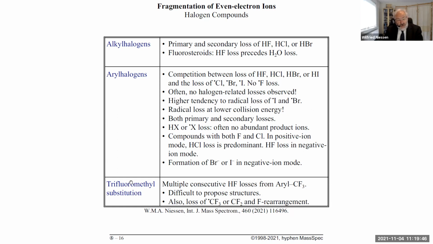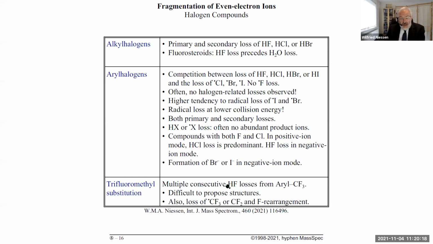So there are quite some drugs with trifluoromethyl substituents on the aromatic ring. What we can see from these are multiple consecutive losses of HF from the aromatic trifluoromethyl. If you think about that, it will probably be difficult to propose structures for that, and I will show you examples of that.